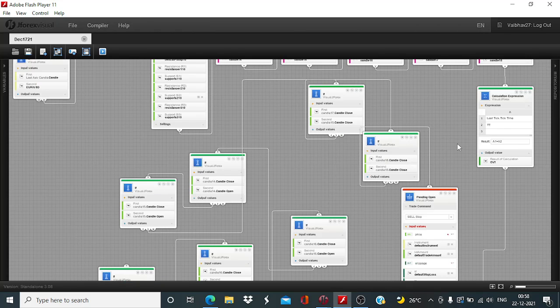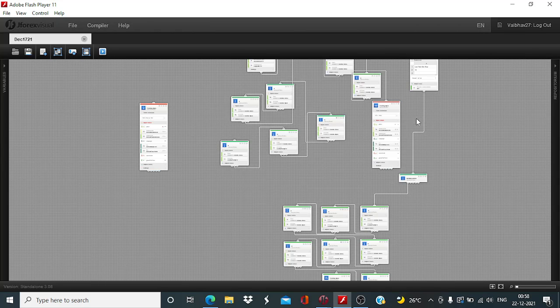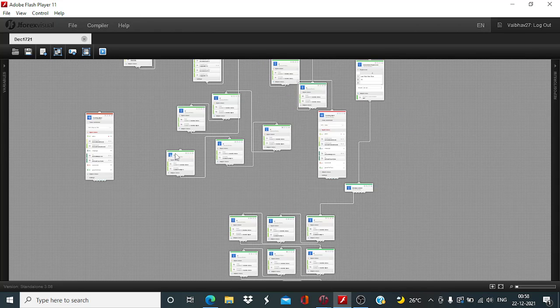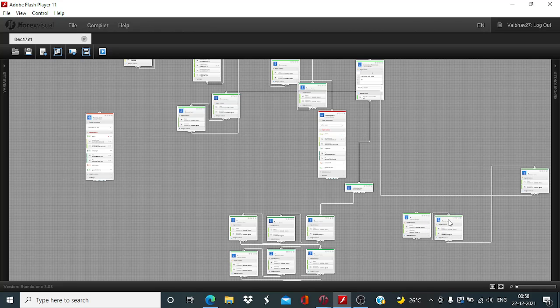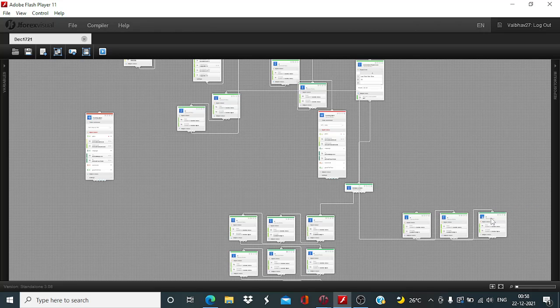Now let me arrange these if else blocks on the lower side, which will take not much time, only a few seconds, but it will make it quite simpler to understand, make things uncluttered.